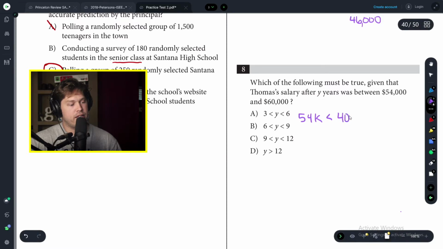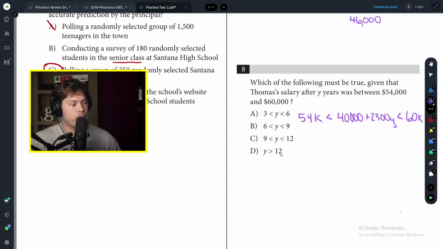Well, it's less than his salary, which in the previous problem we figured was $40,000 plus 2,300 times Y, and then it's going to be less than 60K. And we're looking for an inequality where Y is the only thing in the center.